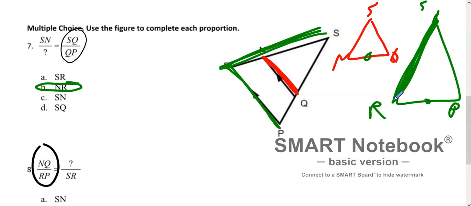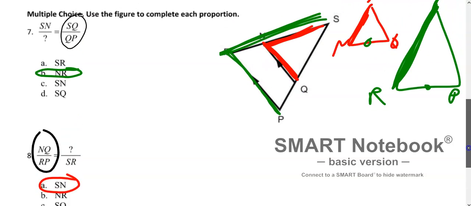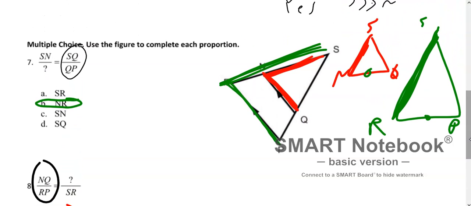So, what's the whole left side on the small triangle? It's SN. So you can use pencil or colored pencils for this, but it really helps if you lay it out like that and look at where you're looking at. And if it helps you to break it up into 2 separate triangles, go for it.